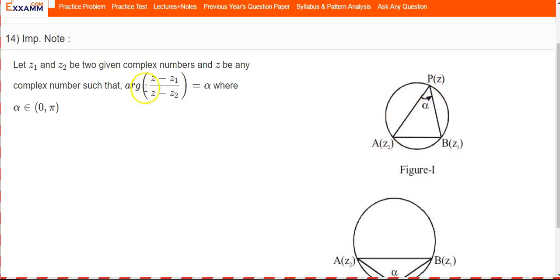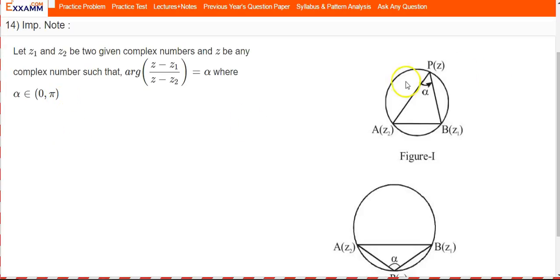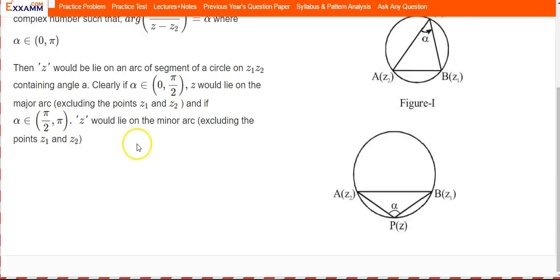If it is given that Z moves in such a way that argument of (Z minus Z1) upon (Z minus Z2) is equal to alpha, where alpha is an element of (0, pi), not including 0 and pi, then in all such cases the locus of Z would be a circle.